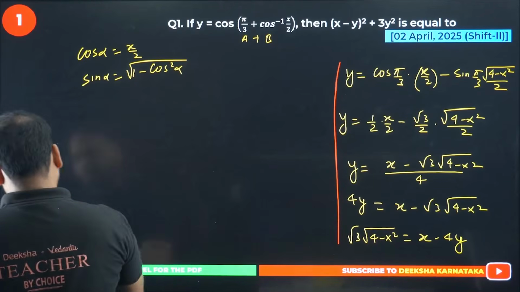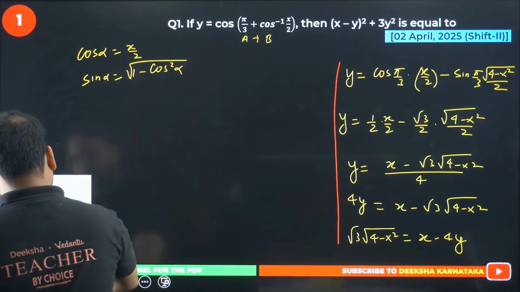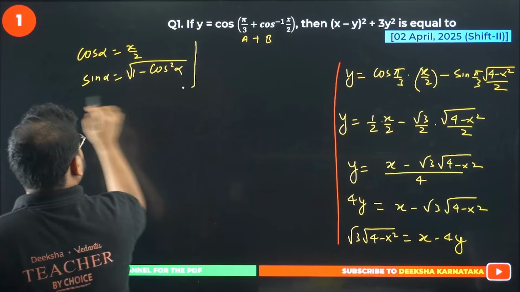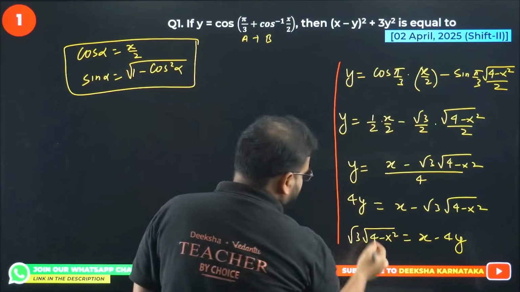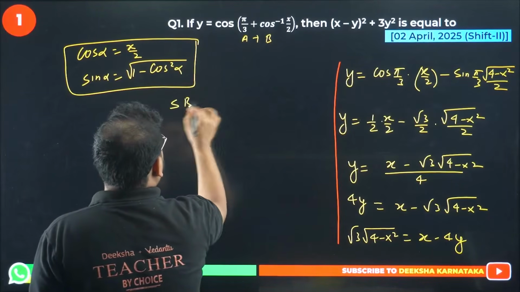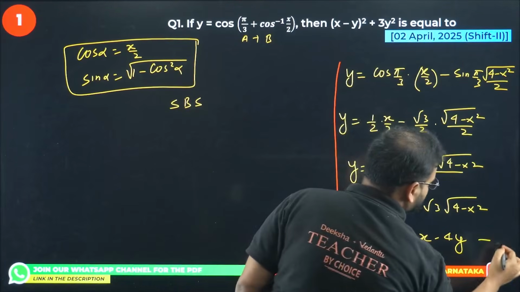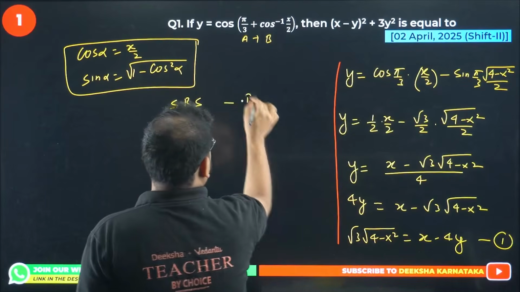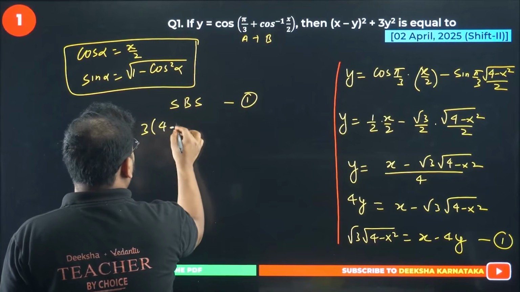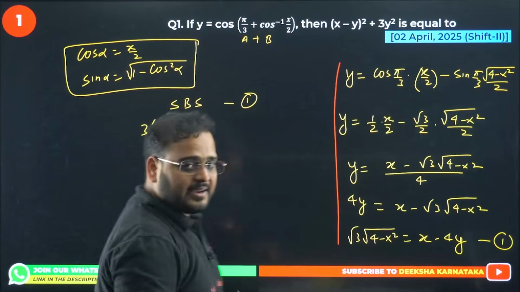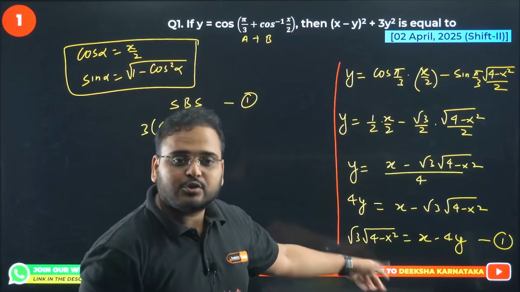Okay. So here we go. Yes, this is just for your reference. You can use it. What I get from here, if I square on both sides, from here, I'm getting what? Squaring both sides. This is my equation number 1, let's call it. I'm going to end up with 3 times of 4 minus x square, right? Because both the roots will be cancelled when you square on both sides.